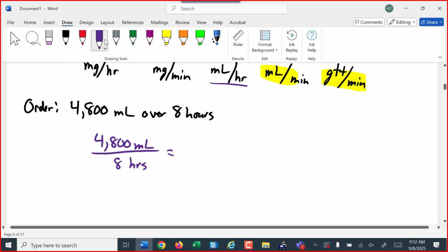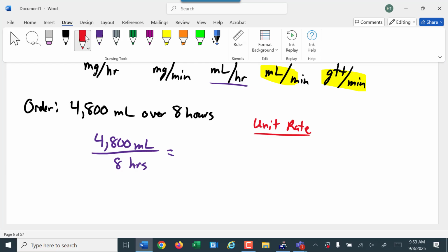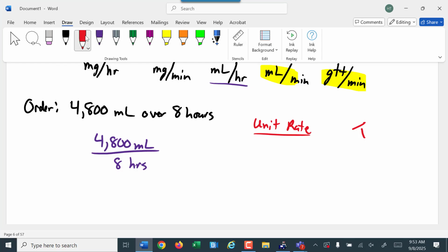Well, what we're doing is we're converting into something called a unit rate. And a unit rate means whatever the first number is, the second number is 1. So it's per 1. And the way we convert something into a unit rate is we divide by the numerical value of the second number.